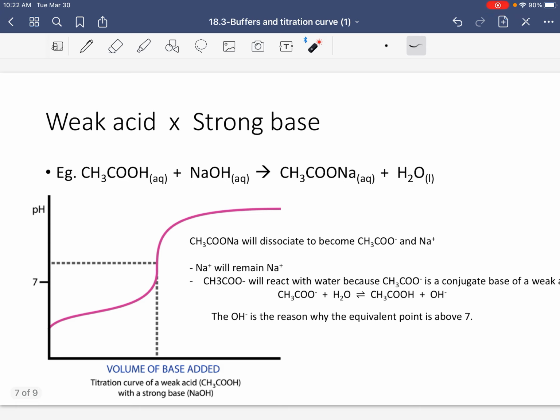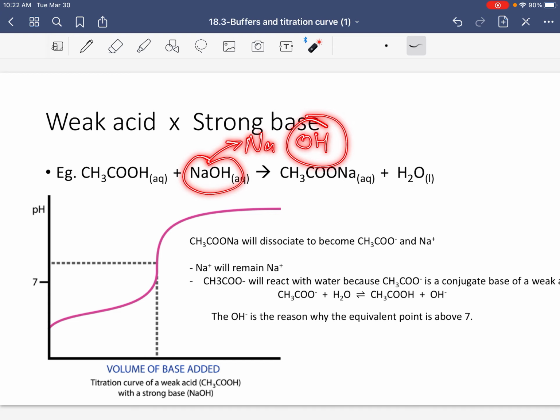Second of all, the curve. Okay, as you add strong base into this, you're going to have an increase of pH at a higher rate. Why? Le Chatelier's principle will start to come into play. This guy fully dissociates.